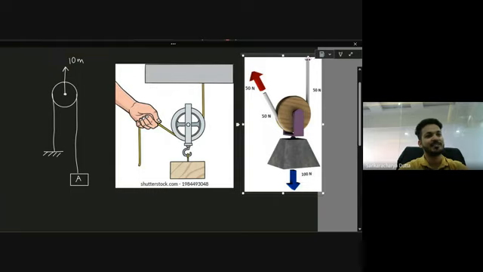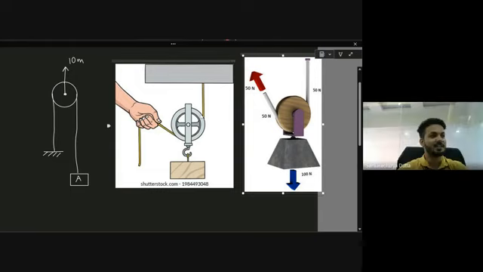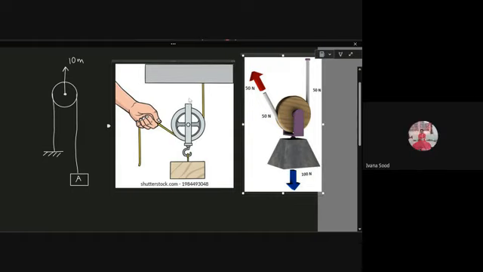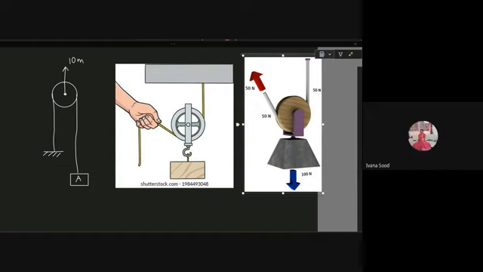And see, this end of the string is fixed, right? And if you pull this string up, this pulley is going to move up. Similarly, here also this side of the string is fixed but the pulley is not fixed. And if you pull this using your hand, this pulley is going to rise up.